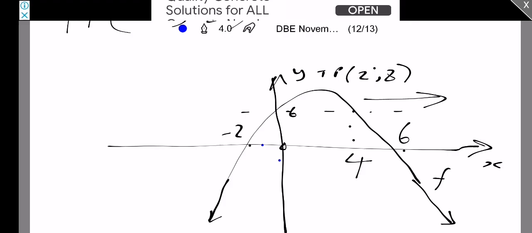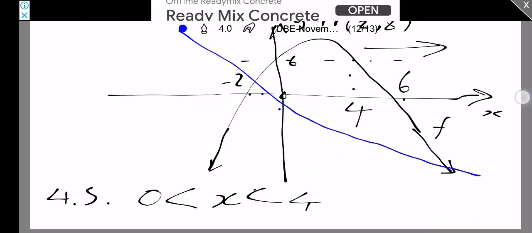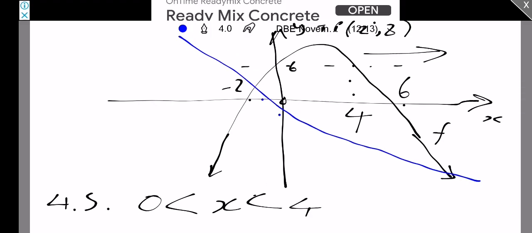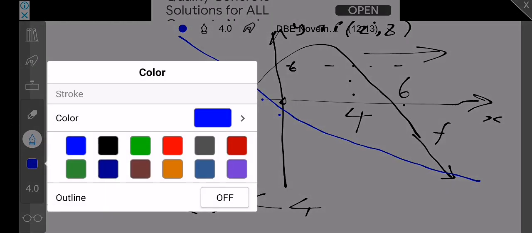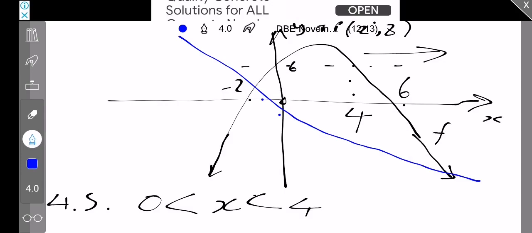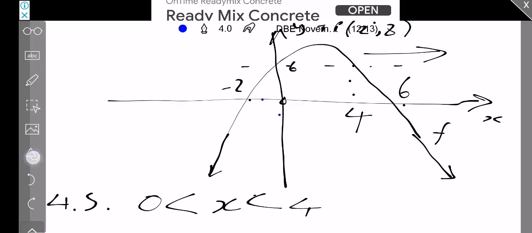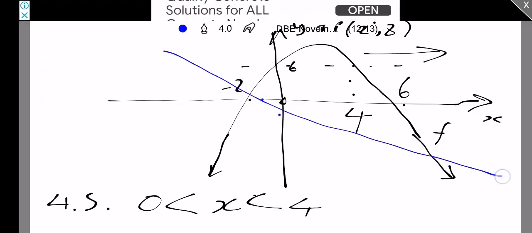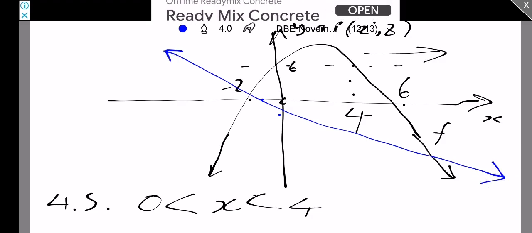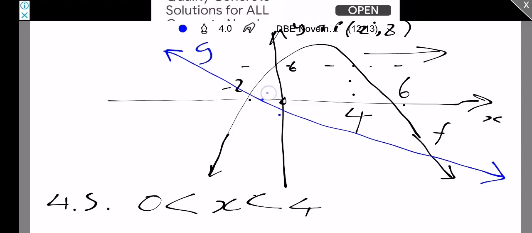So it's going to be roughly something like that. Let me just make a neat sketch. This is the graph of g. This is negative 1 here, and it's negative 1 here.